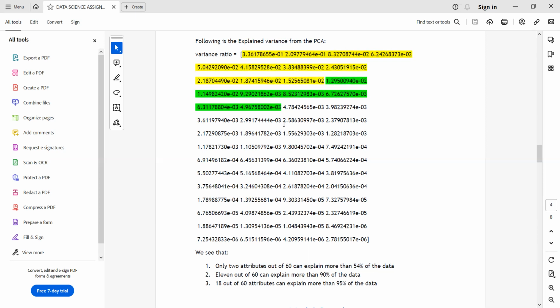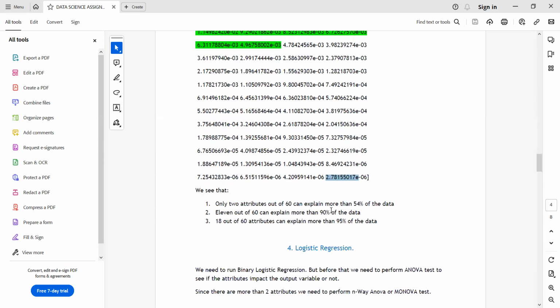So imagine, you don't have to worry about all the 60. And the columns giving you 10 to the power -6 kind of values, you can ignore. This is what PCA will tell you, which columns to include, which columns to exclude.